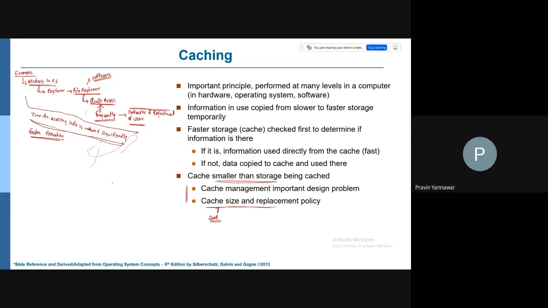So cache always contains the data which is frequently required.